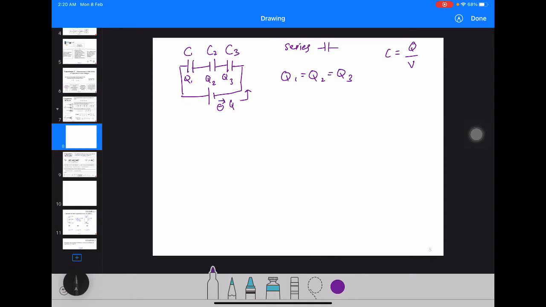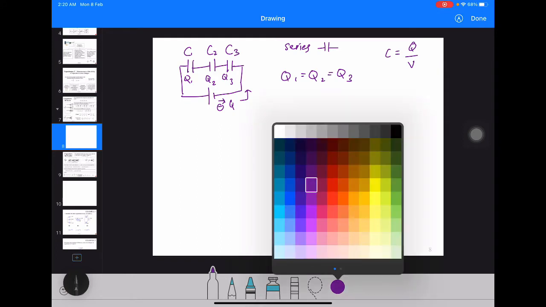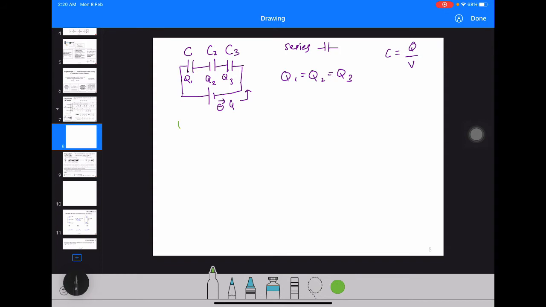Okay. And then another important thing is about potential difference. So let's say I have a potential of V, normally you can imagine that this one is delta V, so this one would be my V1, this one will be my V2, and this one will be my V3.